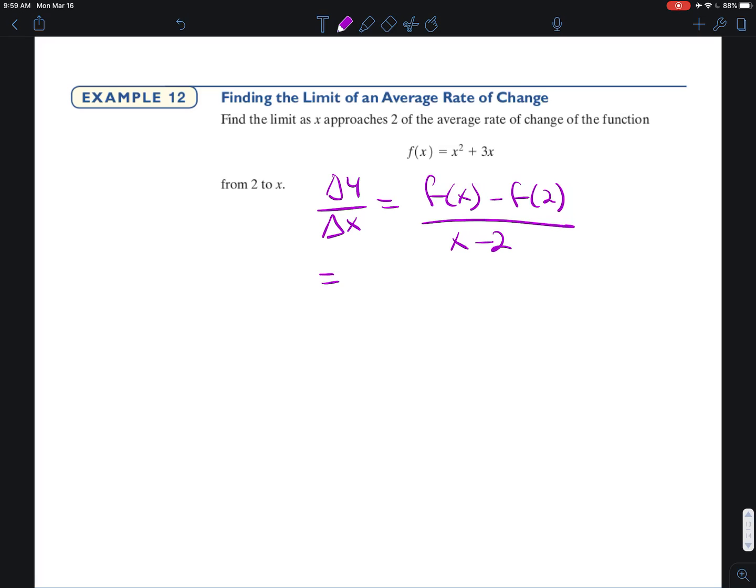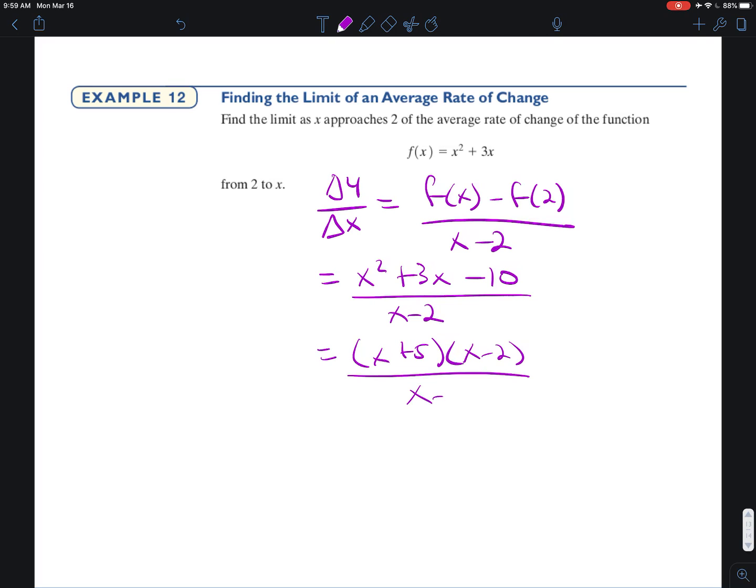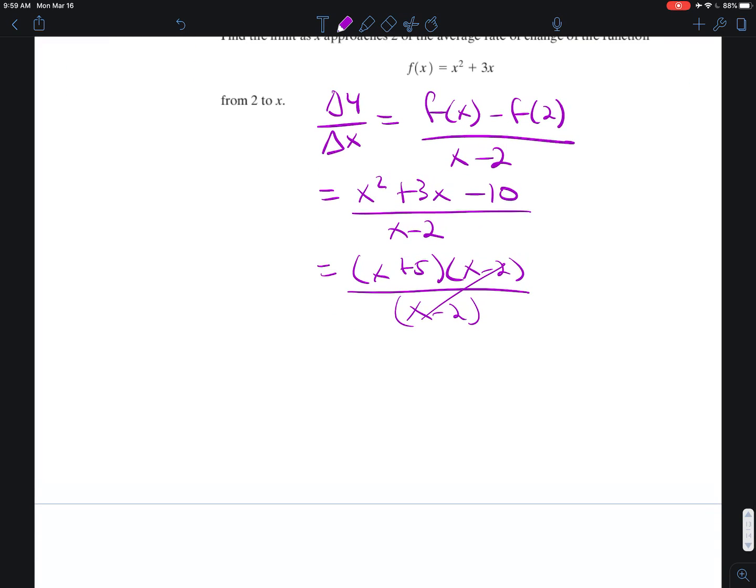That equals x squared plus 3x minus 10, when I evaluate the f of 2, over x minus 2, which, you can factor this, is x plus 5 and x minus 2. Well, that was nice, x minus 2 there. Those are going to cancel. So that entire average rate of change ended up just equaling x plus 5. That's the rule when you go from 2 to x.